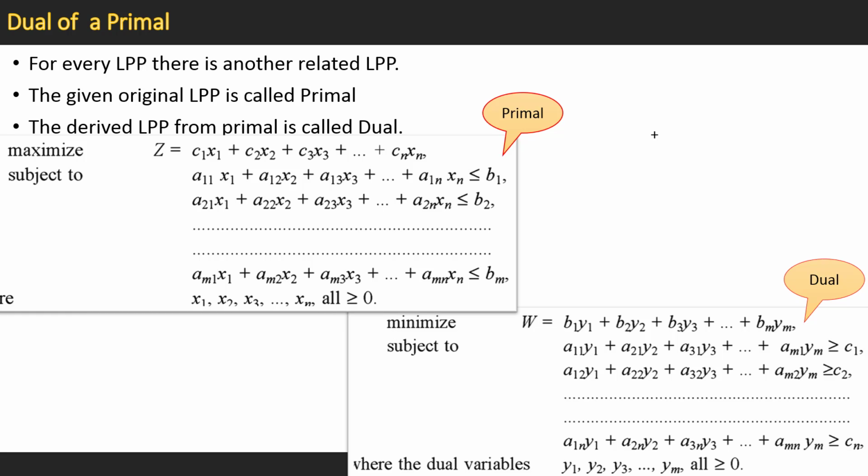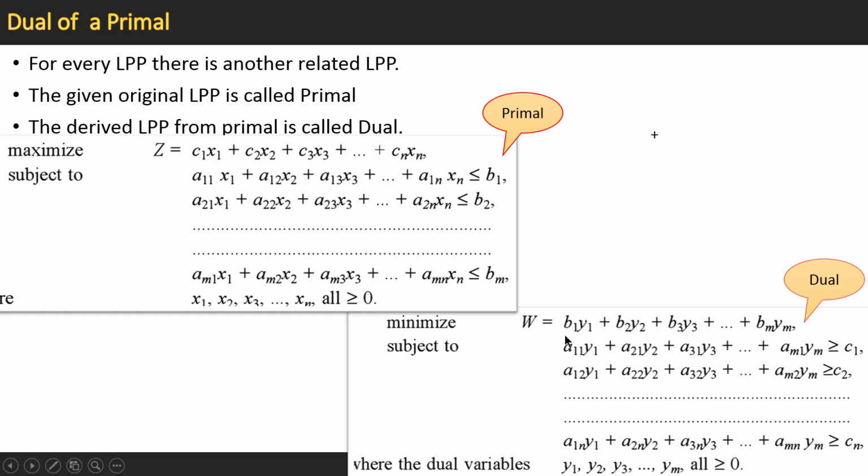Now, we have denoted the objective as W. W is equal to an expression in other variables, which we have supposed as y1, y2, y3 up to ym. How many variables have we taken? As many as you have constraints. How many constraints do we have? First, second, third, and so on up to m. So there are a total of m constraints, and that's why there will be m variables.